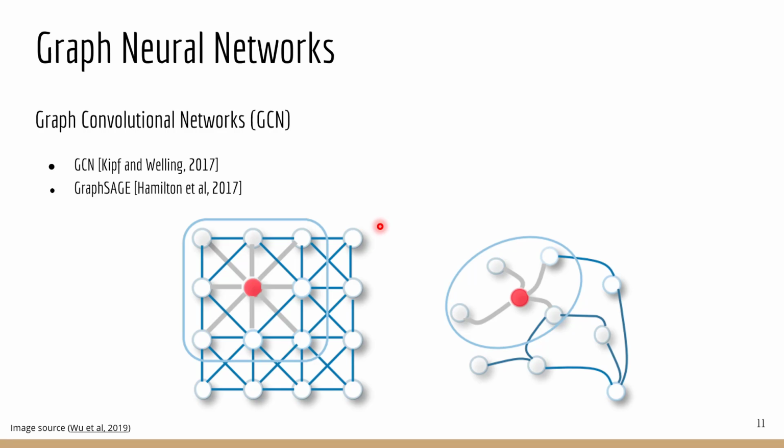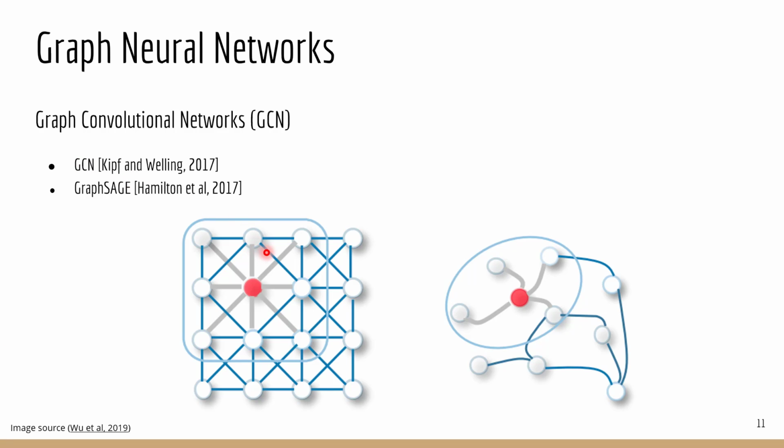The basic idea here is very simple. You learn the embedding for a target node by combining the embeddings of the neighboring nodes. And for each of those neighboring nodes, you learn the corresponding embedding based on its own neighboring nodes. In an iterative manner, you learn the embeddings of all the nodes based on the neighborhoods.